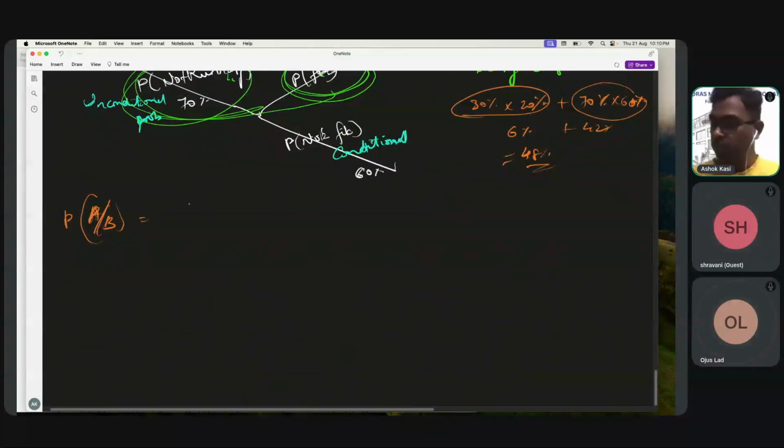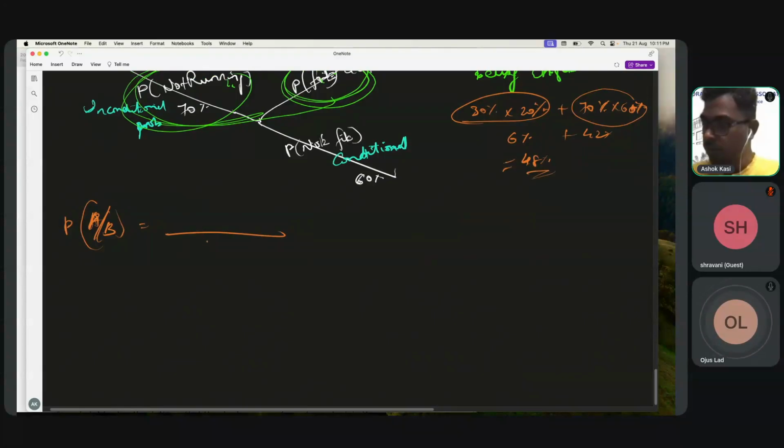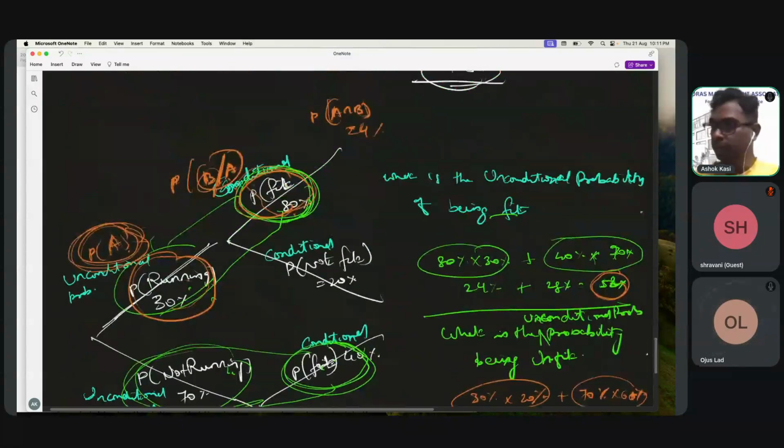So now the formula is: probability of A given B is... Here the denominator is the unconditional probability of B. I will make this second part unconditional. So probability of fitness is what now?